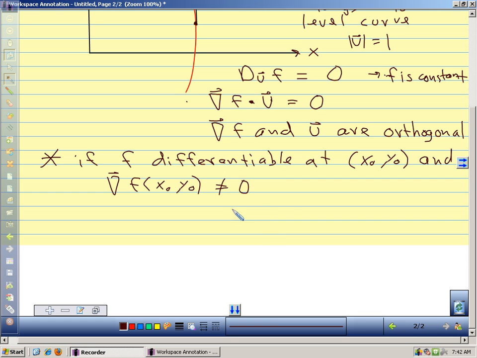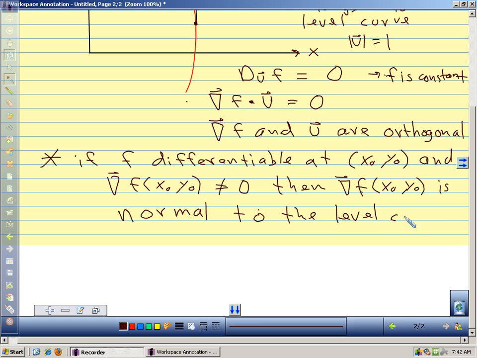If the gradient is not 0, then del f at x0, y0 is normal to the level curves at our point.